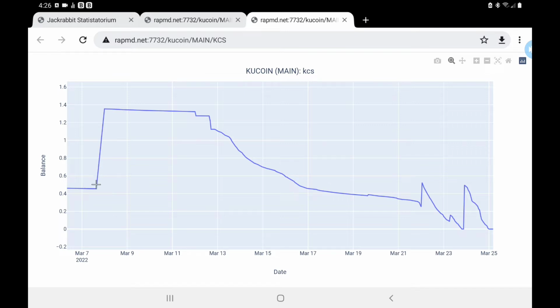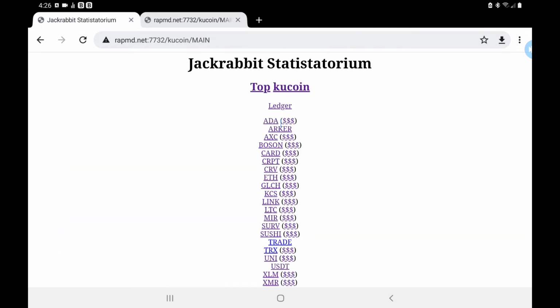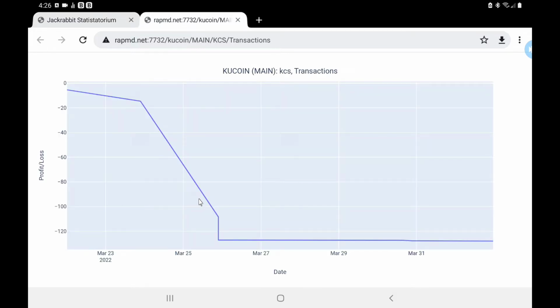So you can clearly see where I've made purchases to replenish this asset, but then, through the process of trading, have consumed it. So I am not making a profit on this asset. I am losing money. I am losing a lot of money.